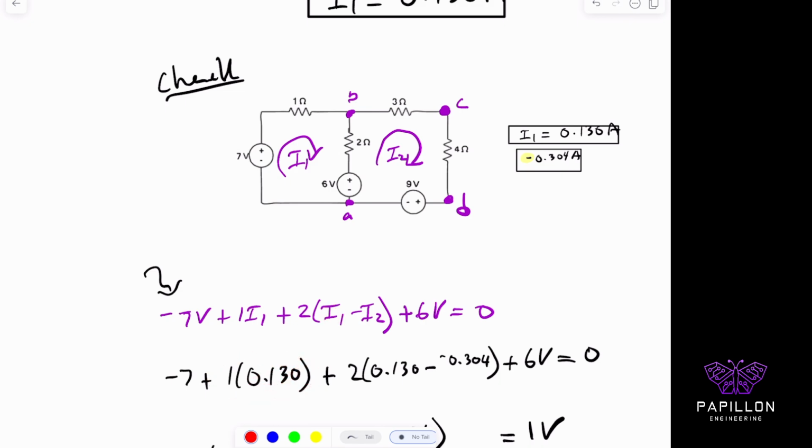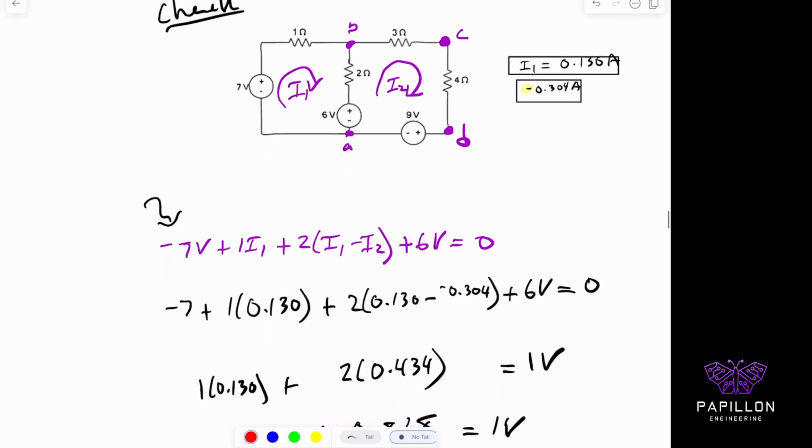Now we realize that I1 minus I2 is the current that's going across this branch, and the 2 ohms here. So as a check, you'll have 0.130 minus a negative 0.304 times 2 is the voltage across that 2 ohm resistor. Combining 0.130 and the negative 0.304 gives you back 0.434. Multiply it by 2. The negative 7 and the positive 6 gives you negative 1 volt.